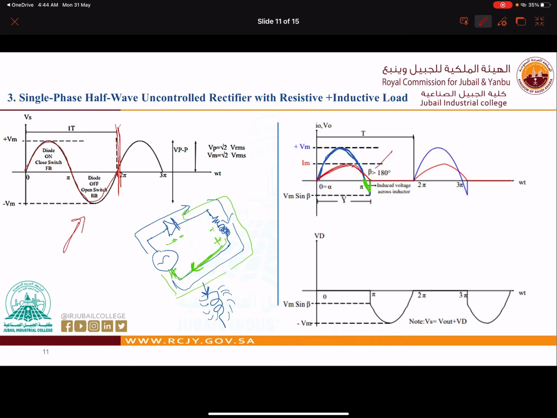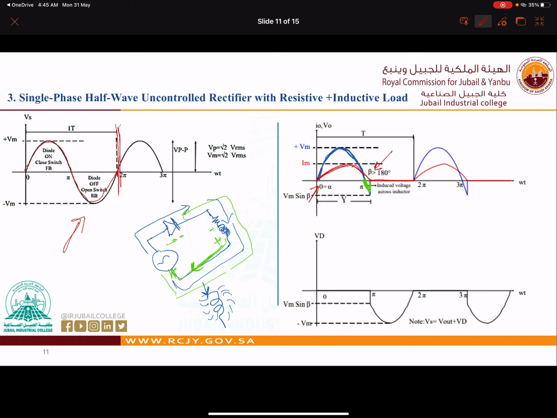So now our beta is bigger than 180. Our alpha is 0, and our beta is bigger than 180, because of the discharge of the inductive load. Then the rest of the wave will be 0 because it is a half-wave rectifier.